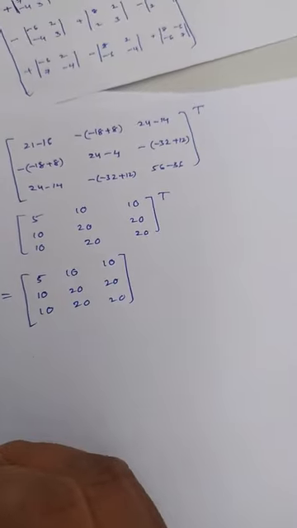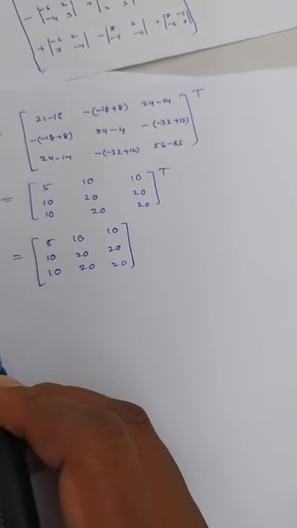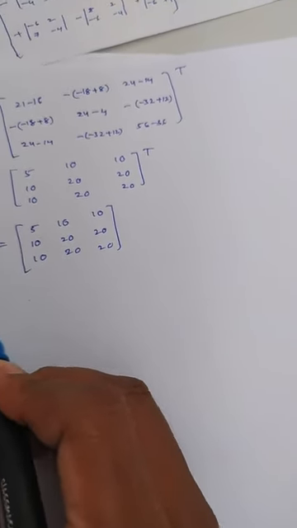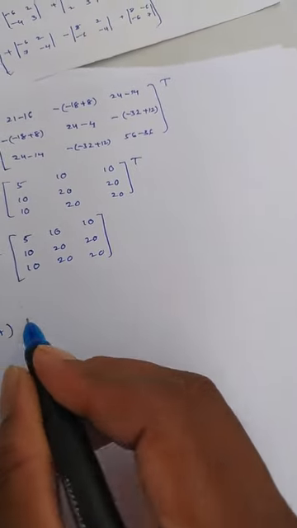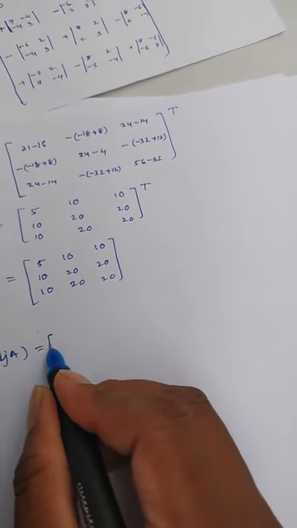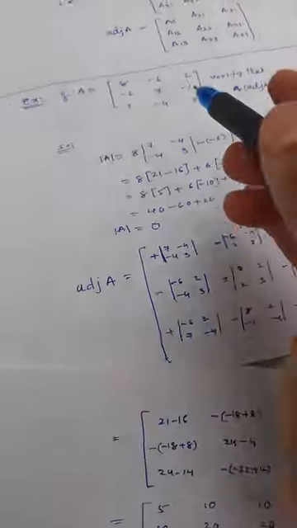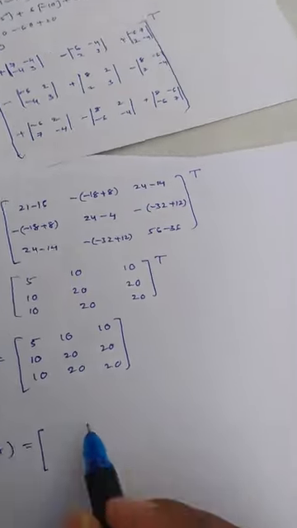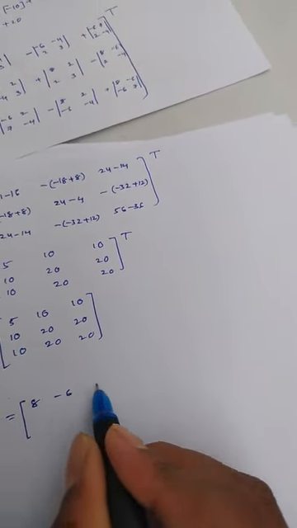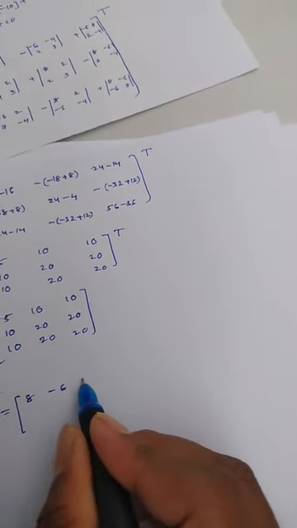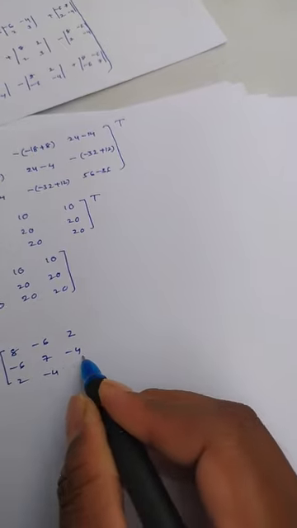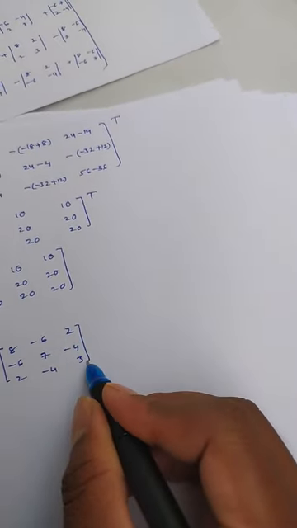Okay, so what we have to do? Multiply A and adjoint A. Okay, what is A matrix? A matrix is 8, minus 6, 2; minus 6, 7, minus 4; 2, minus 4, 3. And what is the adjoint A?